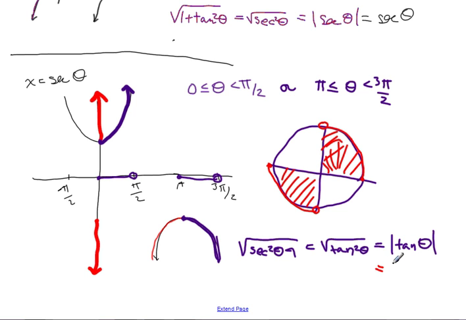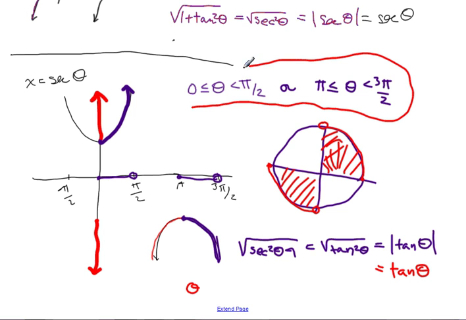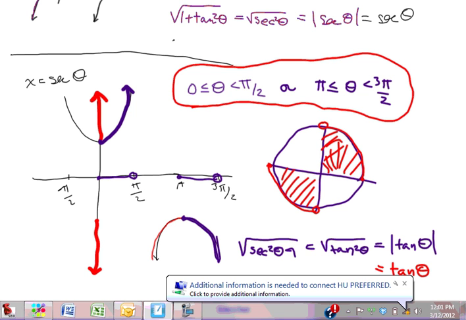So that means with that restriction, tangent's always non-negative. So the absolute value of tangent is just tangent. And again, if we have to solve for theta in a trig substitution, if we have this restriction, which is the restriction we need for the secant function, we can always just solve for theta by using the arcsecant function. And that's it.